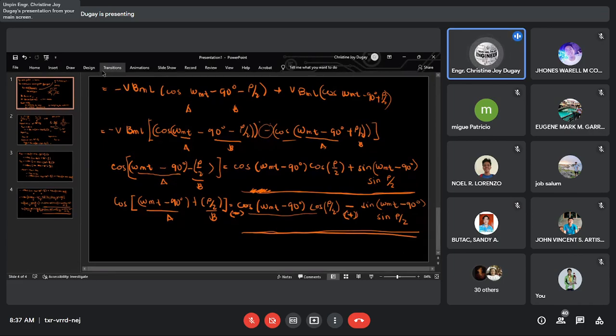So, ang magka-cancel ngayon si cosine, kasi, positive ito, and this one is negative. Kaya matatanggal po siya. Ang matitira na lang is equal to twice ng sine of omega mt less 90 degrees. Ayan. At saka si sine rho over 2.